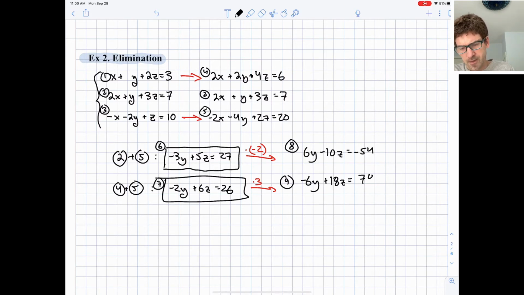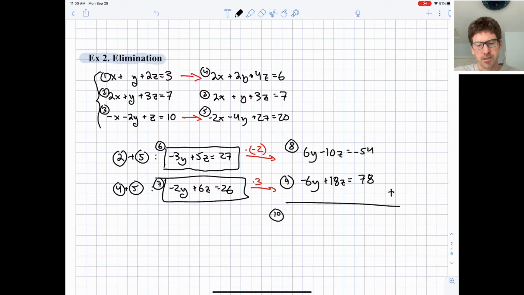Yep. And I think you can see if we were to add these 2 equations together, our y's would eliminate. So this will be equation 10, and equation 10 will allow us to solve for z. So our y's eliminate. Negative 10z plus 18z is 8z. And 78 and a negative 54 is 24. Okay, divide both sides by 8 and z equals 3.